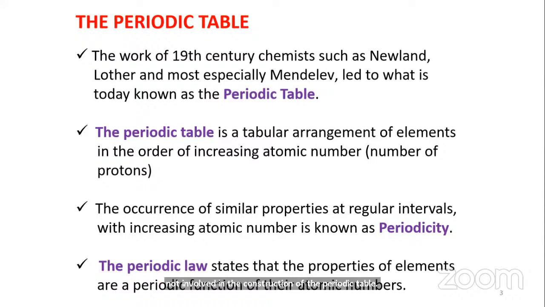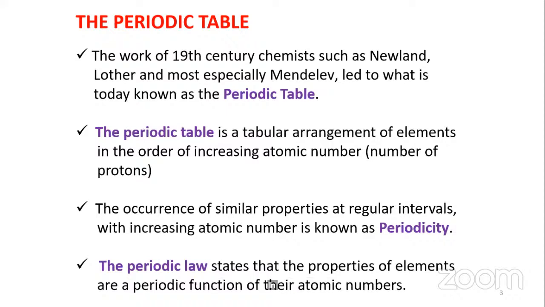Now, based on the way the periodic table is constructed, it has been observed that there is a regular occurrence of similar properties at regular intervals. So at regular intervals, we see that some properties will occur. For instance, when we start with lithium, lithium has 3 electrons, it has 3 protons, it has 1 electron in its valence shell, in its outer shell.